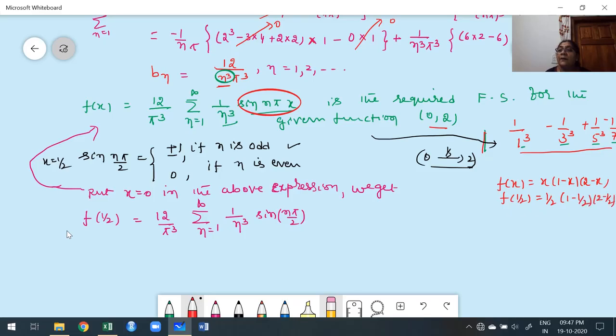You simplify that: half, 1 minus half is half, and 2 minus half is 3 by 2, since 4 minus 1 is 3 by 2. Now what do we get? 3 by 8 is the answer. Now I have to substitute the value here: 3 by 8 equals 12 by pi cube.